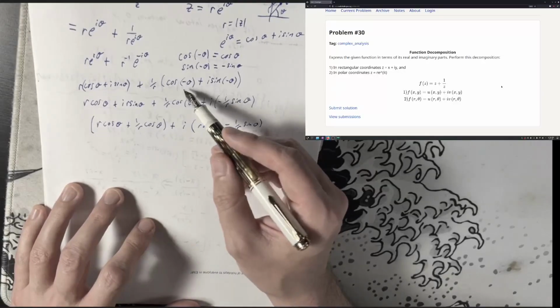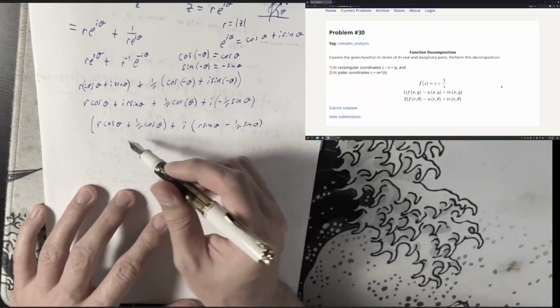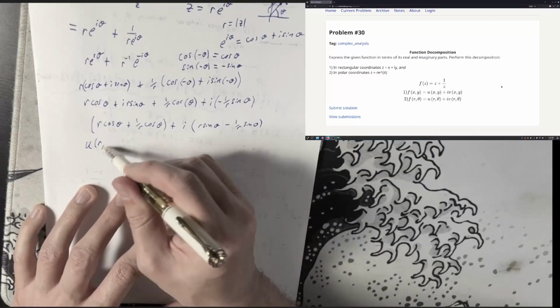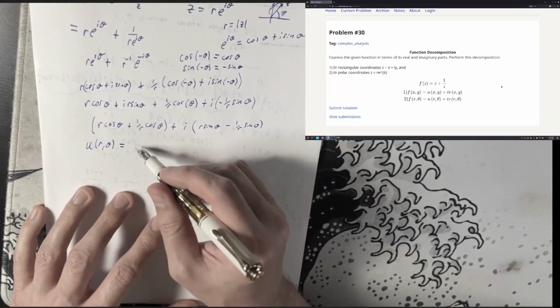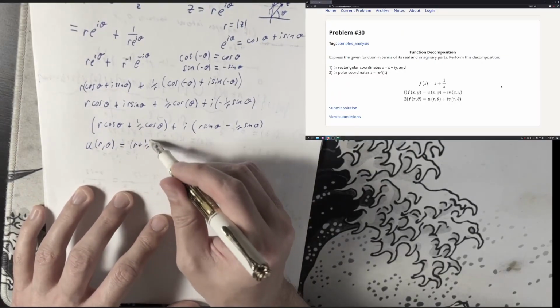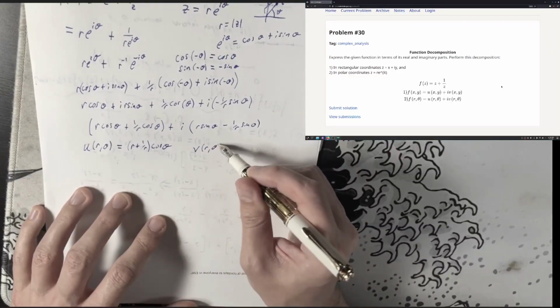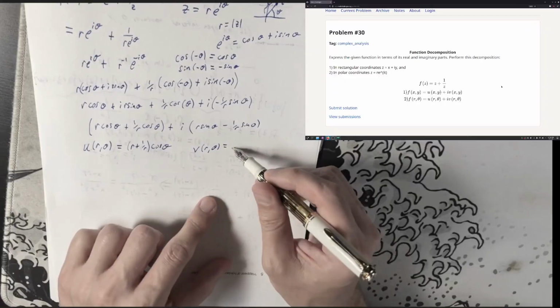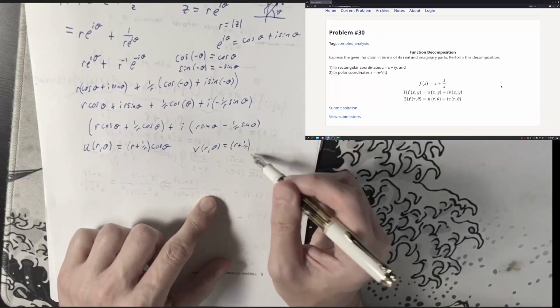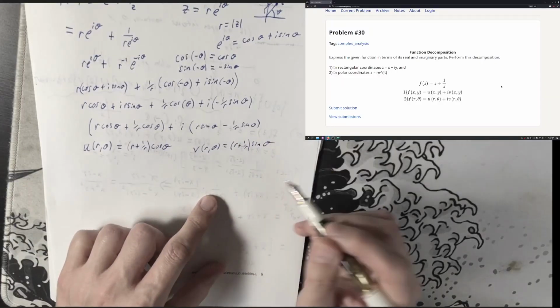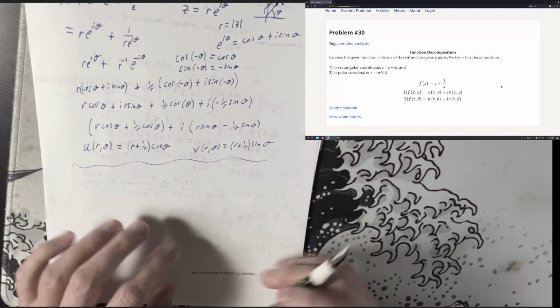It doesn't also depend on cosine negative theta. So it's a little cleaner to write. Our first function is r plus 1 over r times cos, and our second function is, again, r plus 1 over r times sine. And that's it for that one.